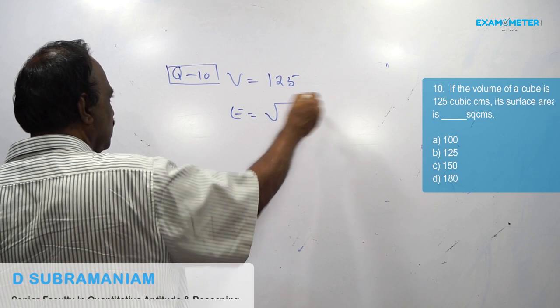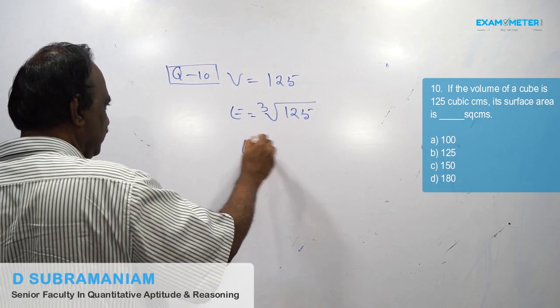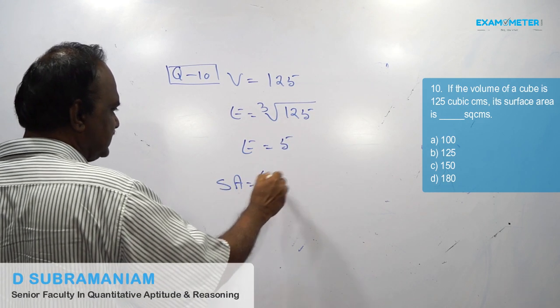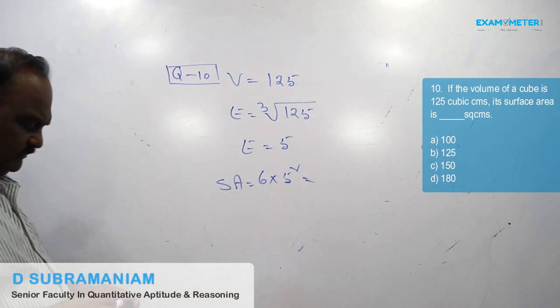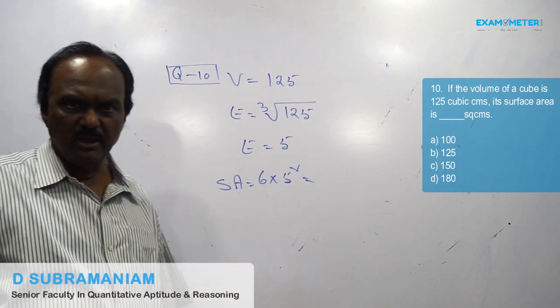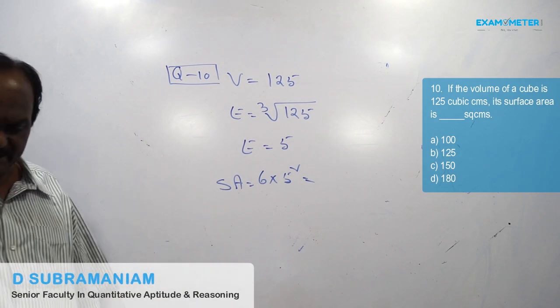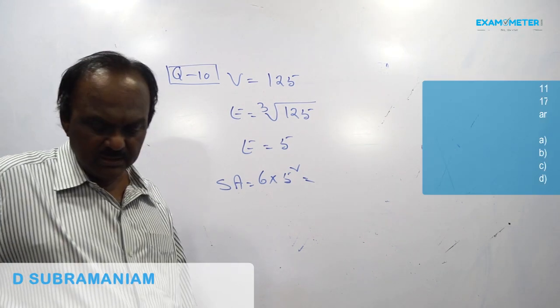Therefore, edge is equal to cube root of the volume. Therefore, edge is equal to 5. Therefore, surface area is equal to 6 into edge square. 5 square is 25 into 6, 150. So answer is 150.